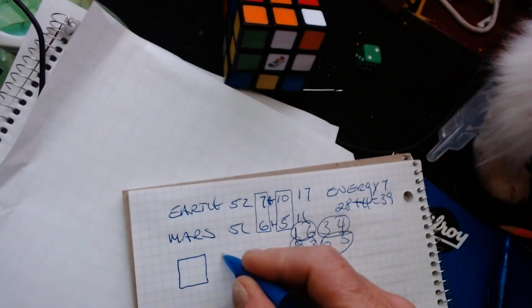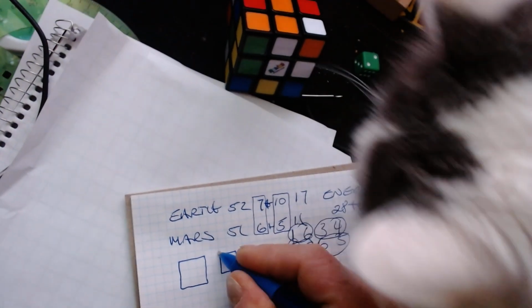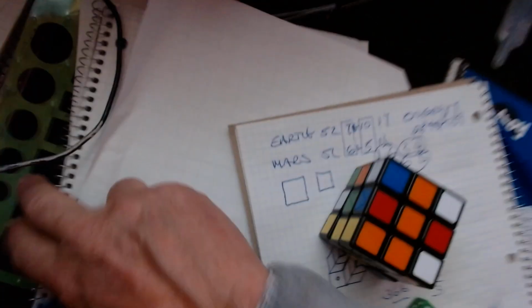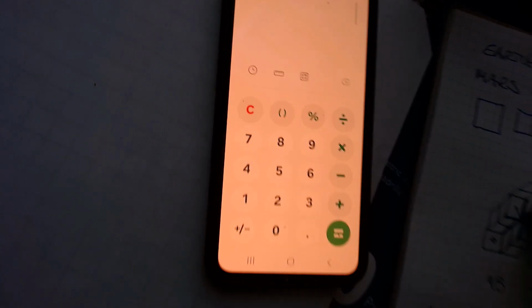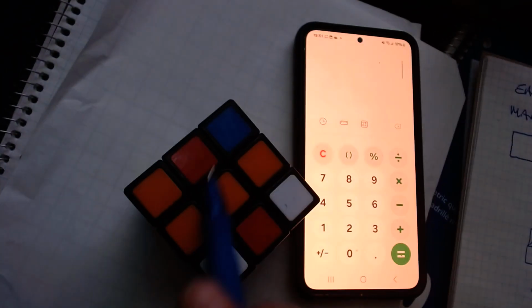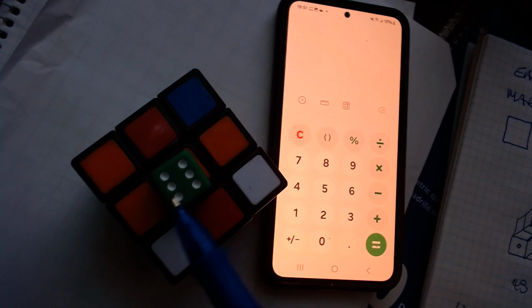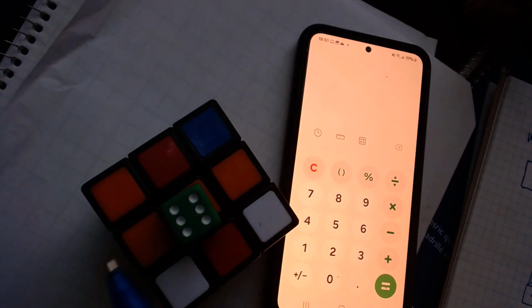Okay, so when we go to Earth and Mars, 7 and 6, on a dice cube, it's like this. The dice cube is not this. The dice cube is this. It's actually this over here. And at the same time, if I found my calculator, which I don't have, right? Just give me a second here. So what we got here is this cube, which has 9 areas, and we have 9 areas, to where we show that there's a separation here between this side and this side.